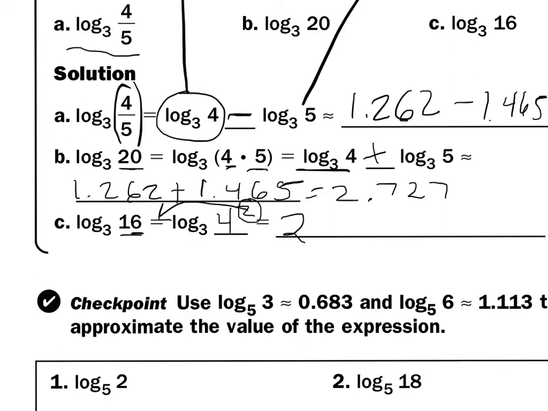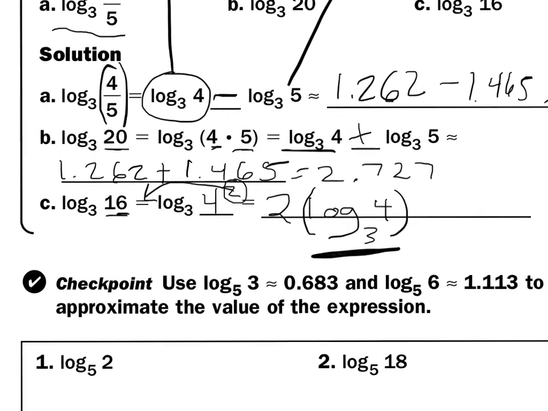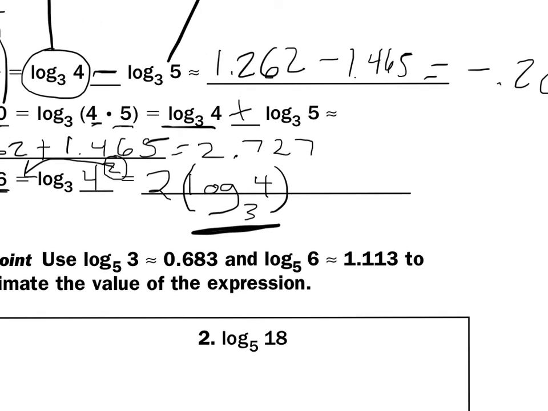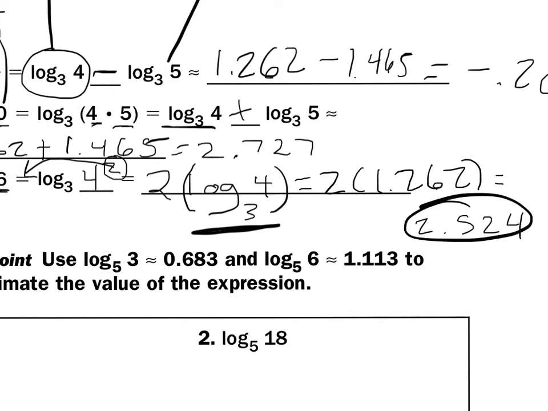So it's 2 times the log base 3 of the number 4. Again, that's nice because I know what that value is. It's really just 1.262. So to finish this off, I have to do 2 times 1.262, which if you put that in your calculator, that's about 2.524. So I'm going to write 2.524 for my final answer.